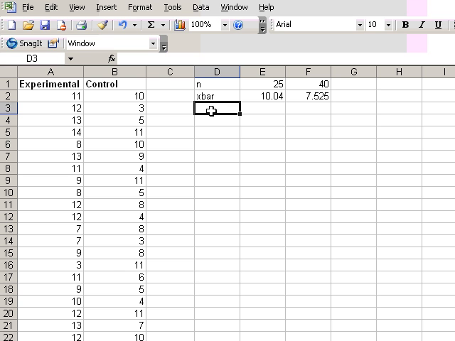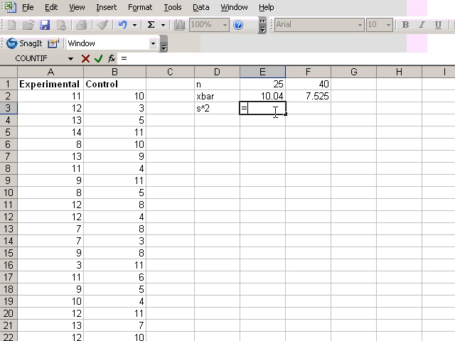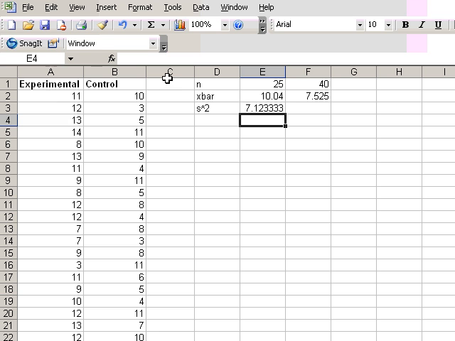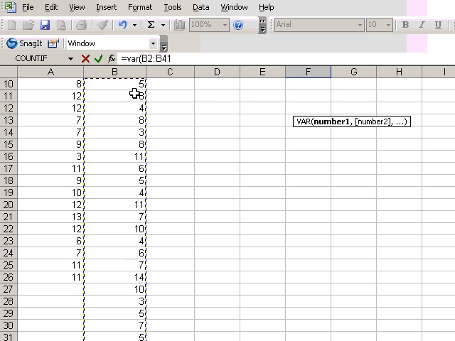Then we need the variance, what is called S squared in the figure, S hat 2. Again, it's equal to VAR for the experimental group, control shift down arrow, and VAR for the control group, control shift down arrow.